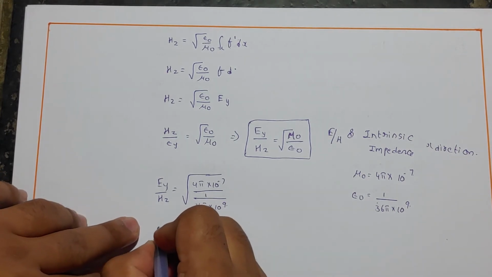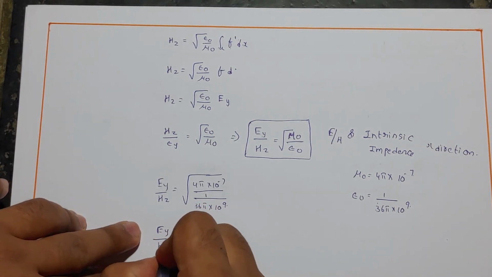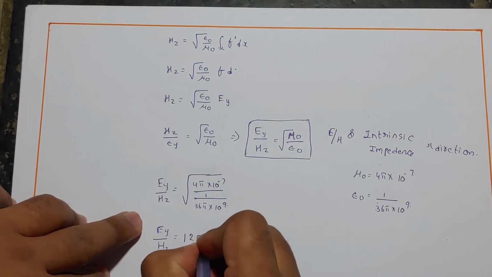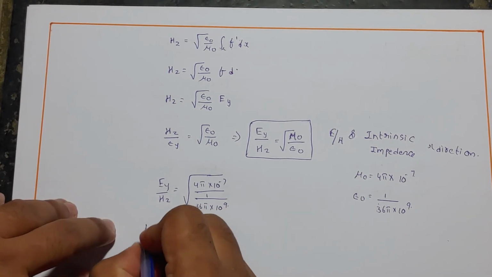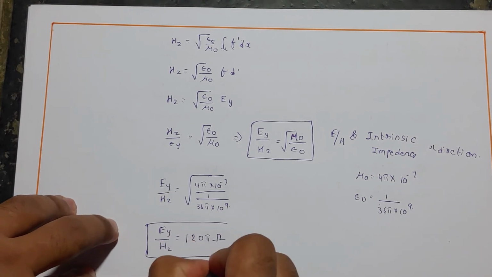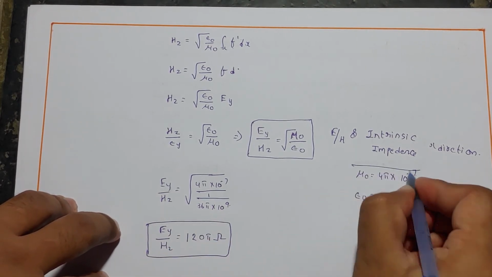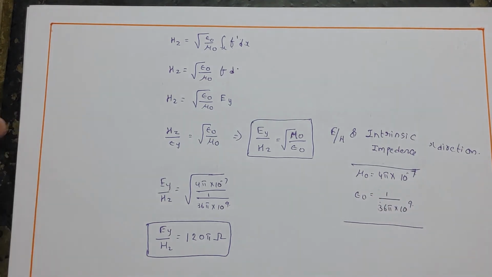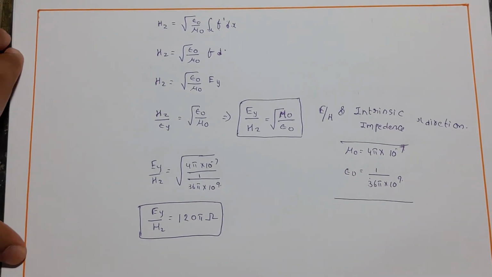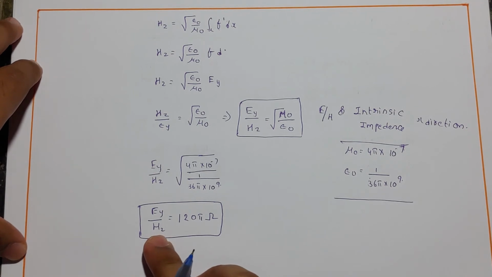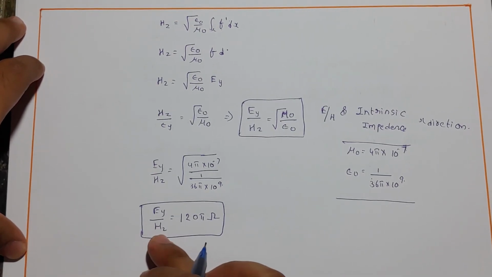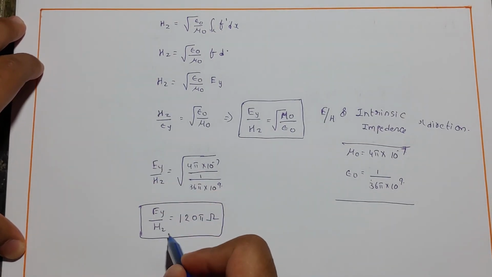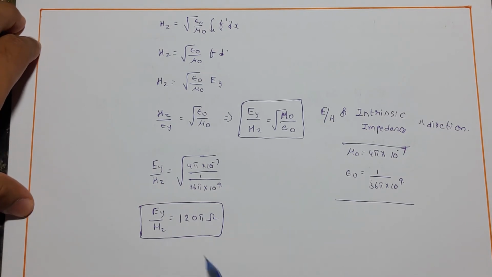By solving, we will get that Ey by Hz would be equal to 120 pi ohms. These are the intrinsic impedance for E by H propagating in x direction. As those are propagating in x direction, these terms are in y and z terms.